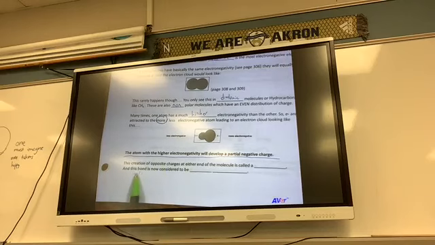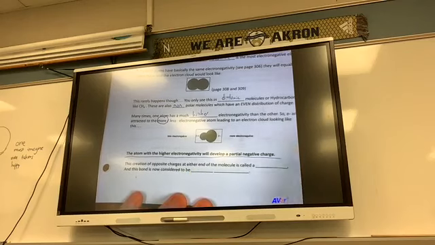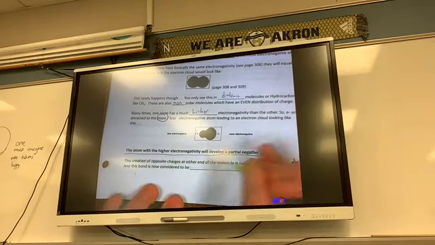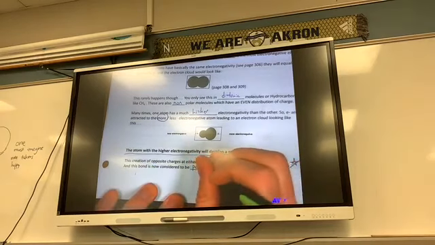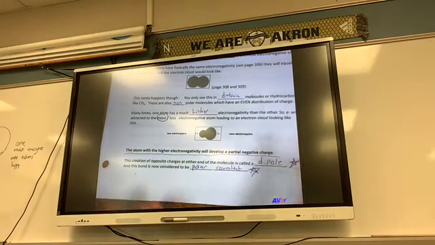The creation of opposite charges at either end of a molecule is called, this is big, a dipole. So put a star by that. And now this bond is considered to be polar covalent. Put a star by that as well. Pretty much all bonds are polar covalent.